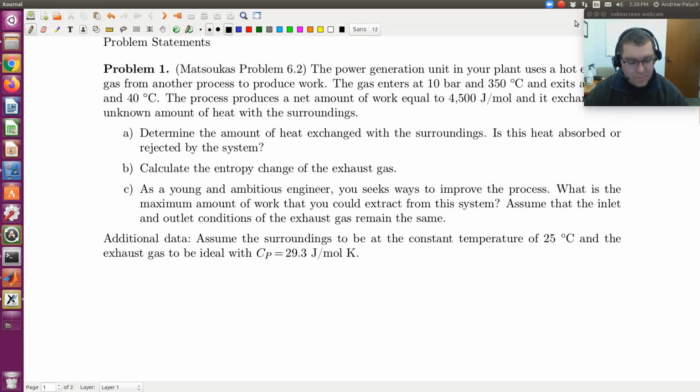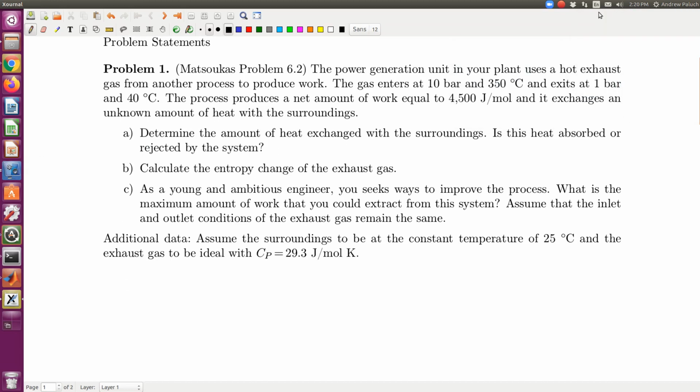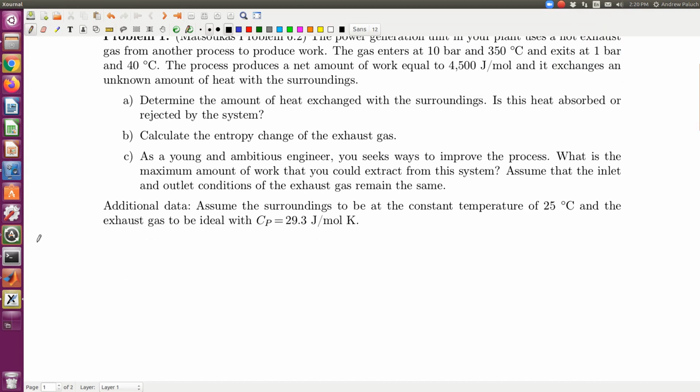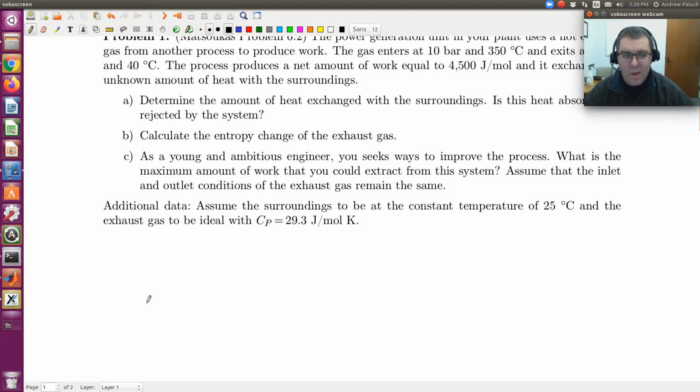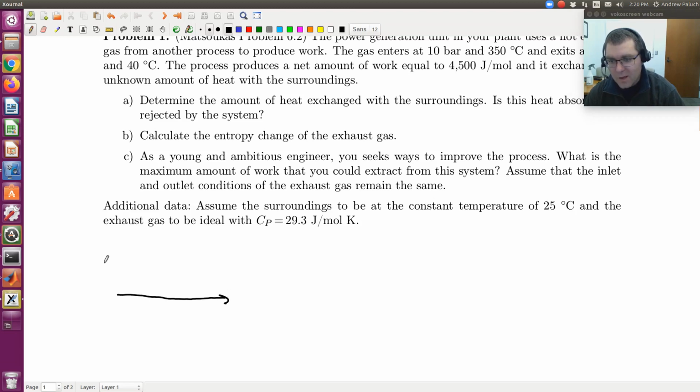All right, so let me start by drawing a picture, so we can try and make clear what exactly it is that we have. Okay, so I have some inlet stream, presumably some exhaust gas from another process, which is at some known T1 and P1.